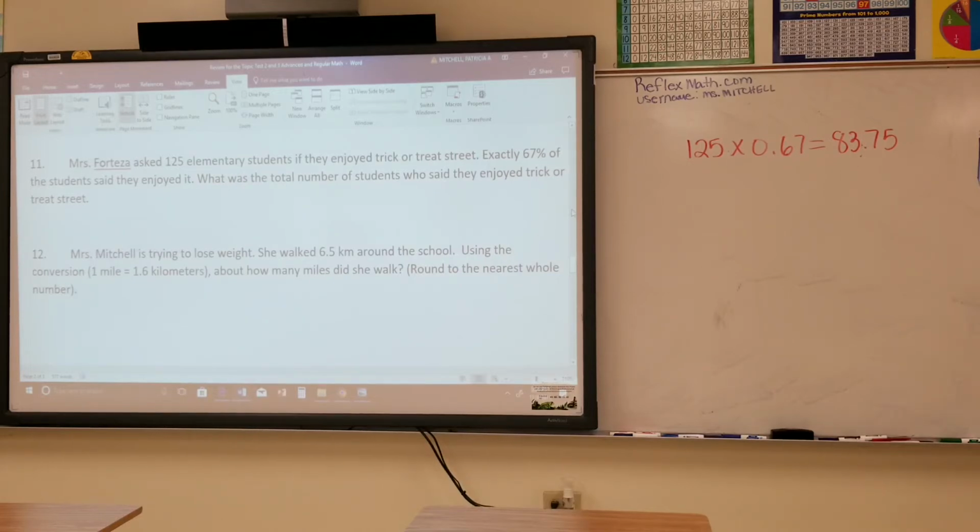So I want to see a classroom where you have 83.75 students stand up. It's not going to happen. So we're talking about people. You can't just cut people in half. Well, you can, but don't do that. Okay? So we have to round up. So therefore, it will be 84. 84 students said they enjoyed Trick-or-Treat Street. Okay?